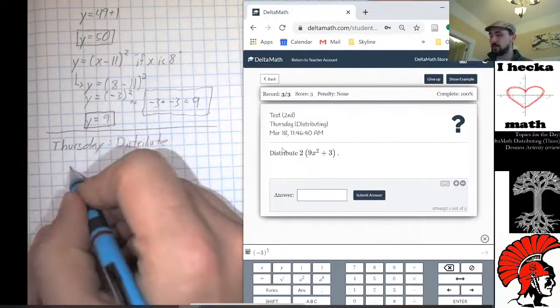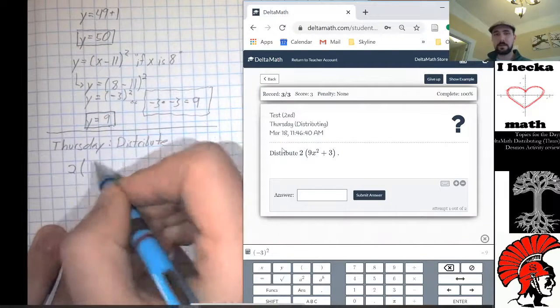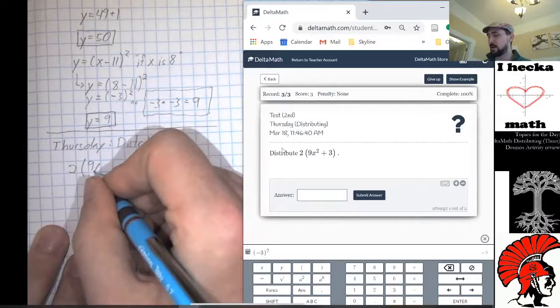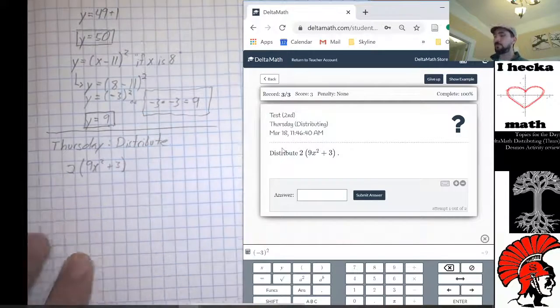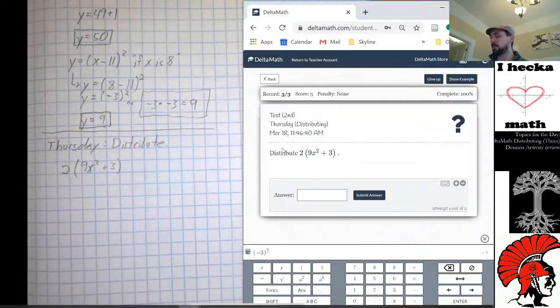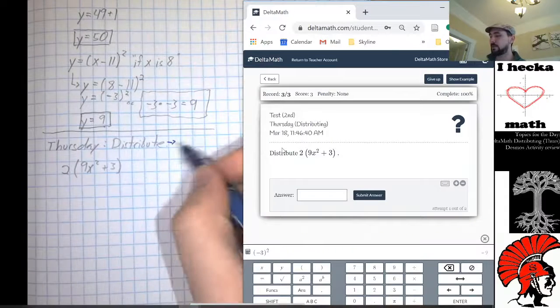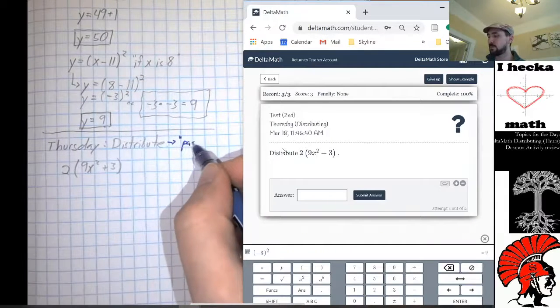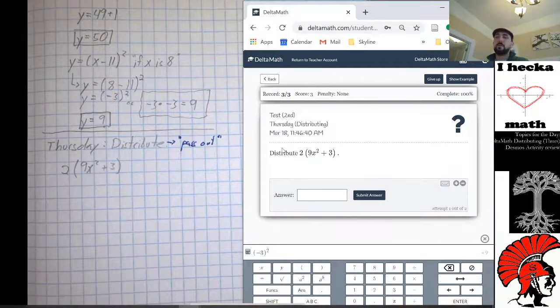So the problem says distribute 2 parentheses 9x squared plus 3. Okay, so distribute, right? This word distribute, if we think about where we see it outside of math class, distribute means to pass out. We distribute something. We're distributing mail. We distribute Amazon packages, whatever it is.